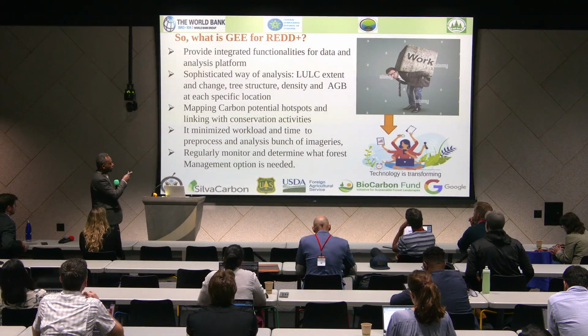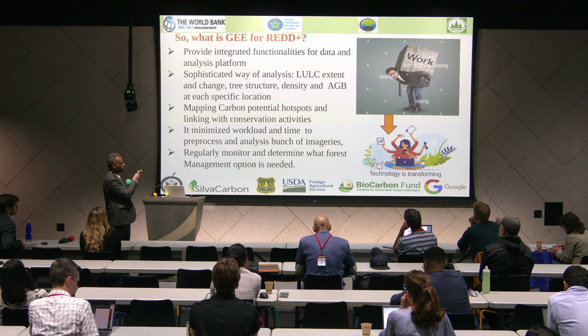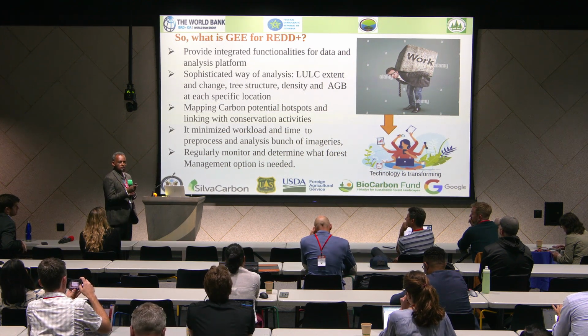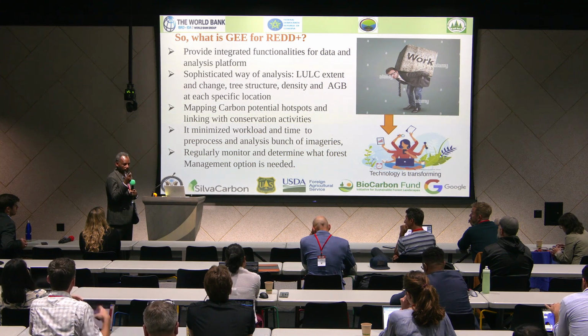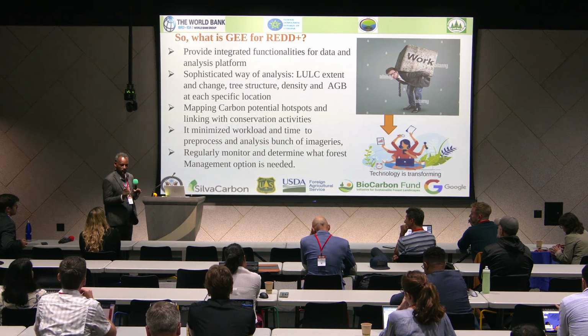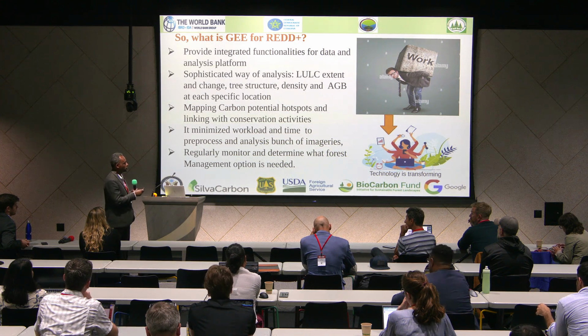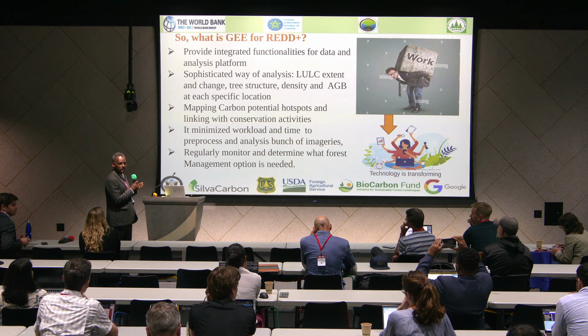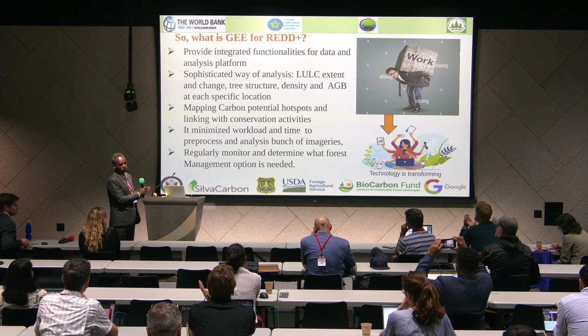Lastly, two years ago, I was using ArcGIS manually. It took me a long time, about a year, to produce one activity dataset. Now it is simple, and we can integrate different datasets and produce activity data for REDD.